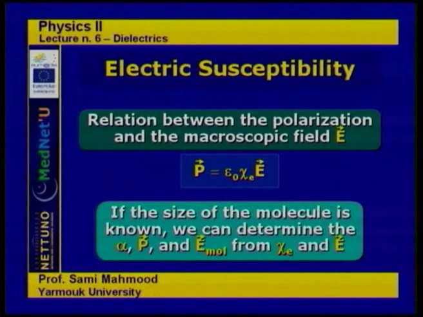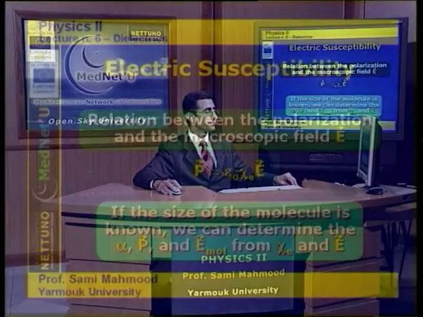We can calculate all of these from the knowledge of the susceptibility of the material and the applied field. So if we know the susceptibility of the material and the applied field, and if we know the volume of the molecule, the size of the molecule, we can calculate all these parameters: the polarizability, the polarization, and the molecular field.